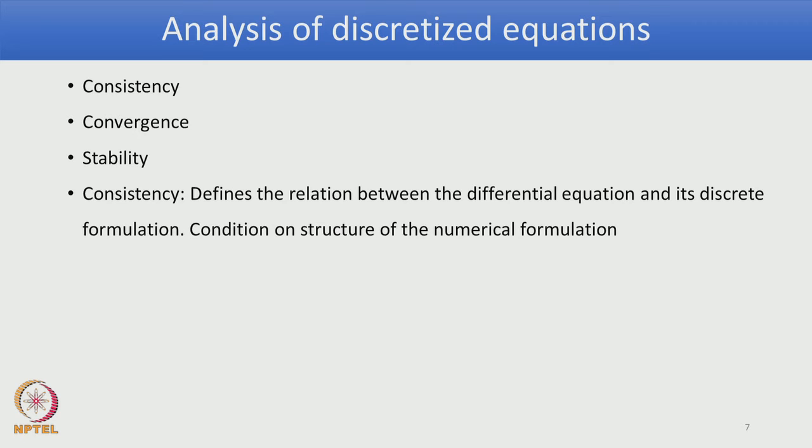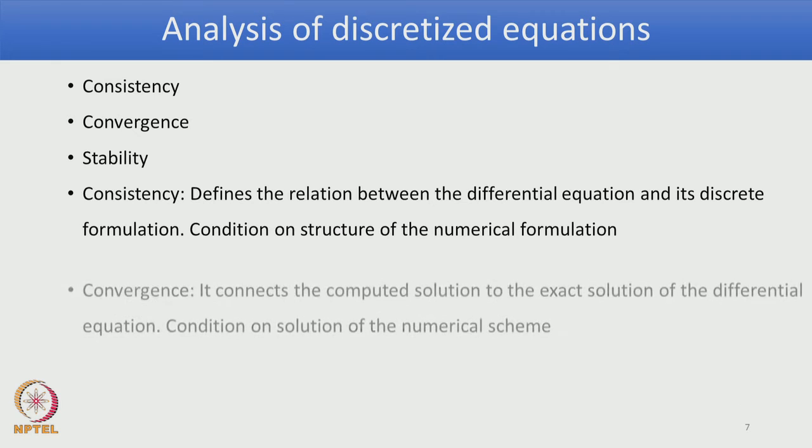So, we have an original or given PDE, then we replace that PDE with a discretized form and we get a discrete formulation. Now, whether the discrete formulation actually represents the original PDE is a question, and that property or condition is what is known as consistency. So, it is a condition on the structure of the numerical formulation.